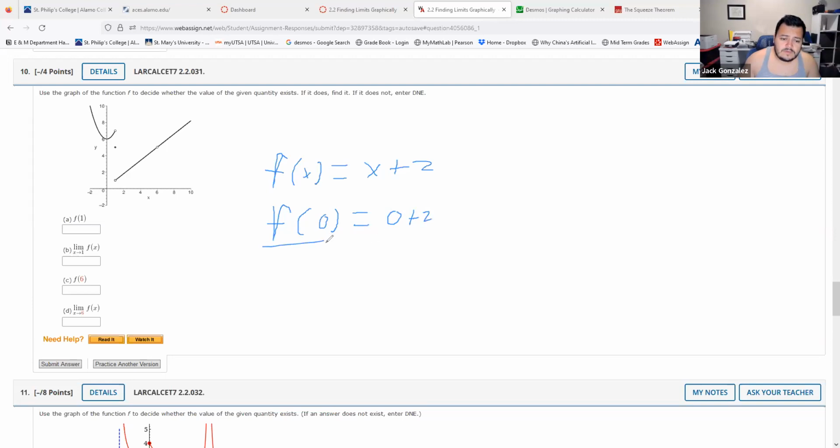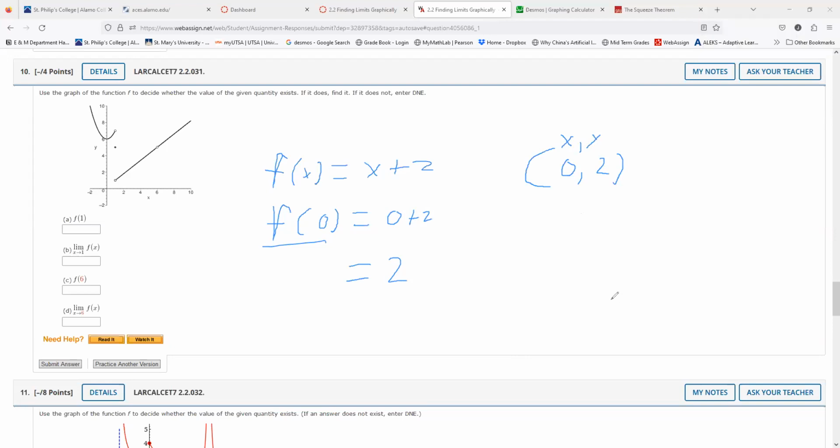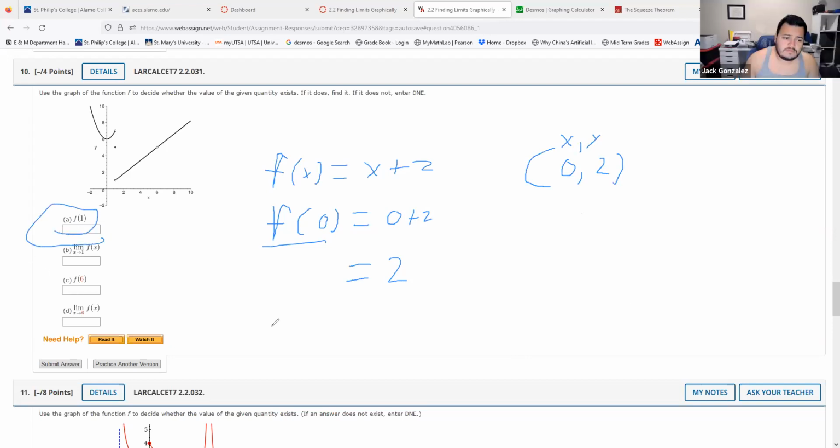So this notation is asking me, what is the y value? Well, the y value is 2. Graphically, this means you have a point at 0, comma 2, x, comma y, right? Do you remember? Yeah, I remember now. So this is asking for the y value.